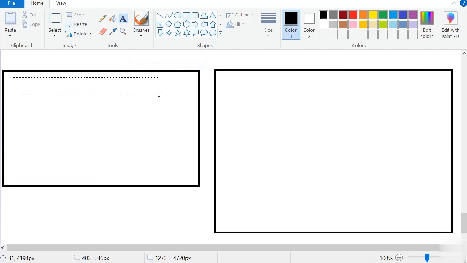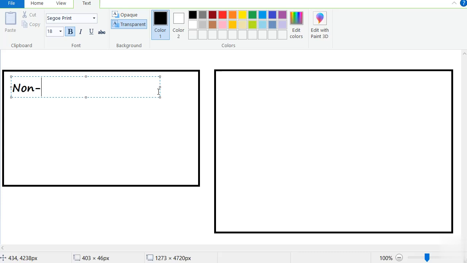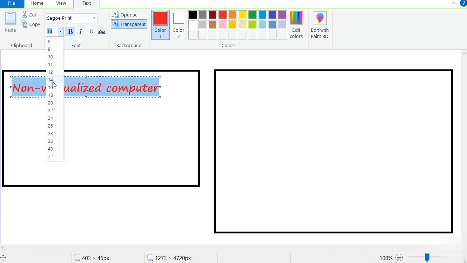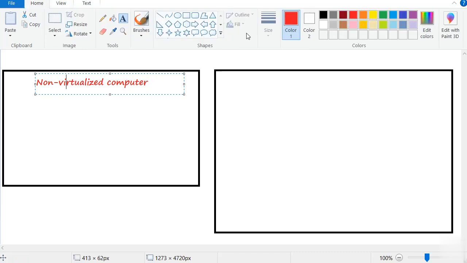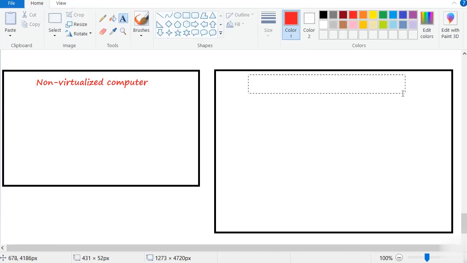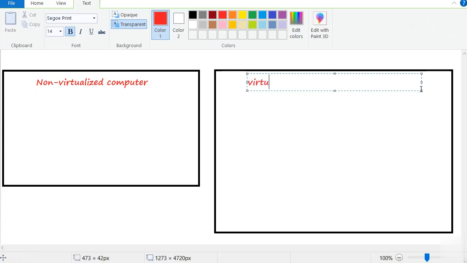So I have a non-virtualized computer, and I have a virtualized computer.